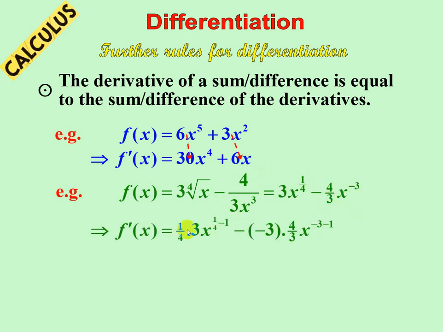So we'll have a quarter multiplies down, and we subtract 1 off the quarter, minus the minus 3 multiplies down, there it is, times the 4 over 3 x to the, and we subtract 1 off the exponent. So it's just the same as we were doing before, but they're just two in the same question.